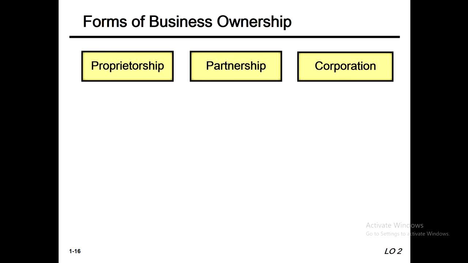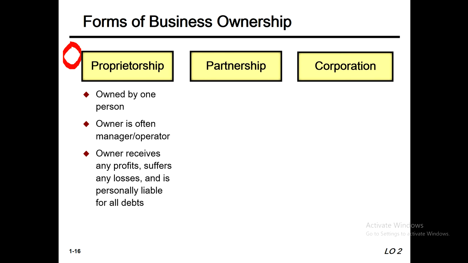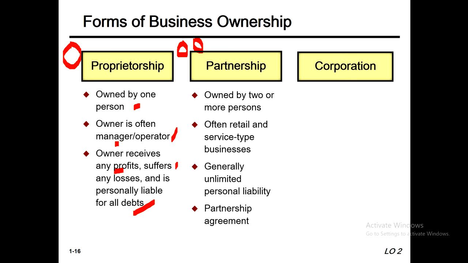Forms of business ownership. Proprietorship: owned by one person, he owns the business. Number two, the owner is often the manager or operator. The owner receives any profits or suffers any losses and is personally liable for all debts. And partnership: a partnership consists of two or more persons, owned by two or more persons.